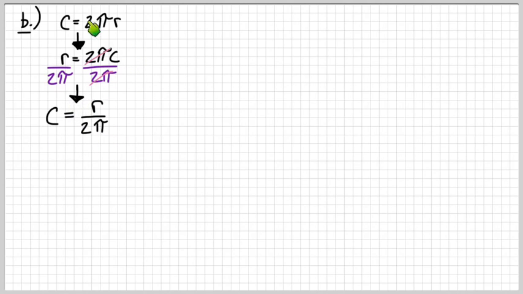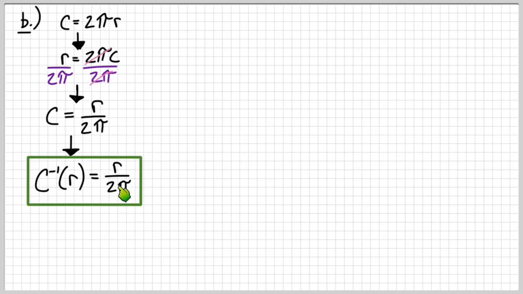I know it wasn't in function notation up here, but since we know already to start out that circumference is a function of the radius, let's go ahead and call this C inverse of r is r over 2 pi. So same steps: switch the variables, solve for the one you switched, and then write it in inverse function notation. Okay, that's the last one we're going to do like that algebraically.